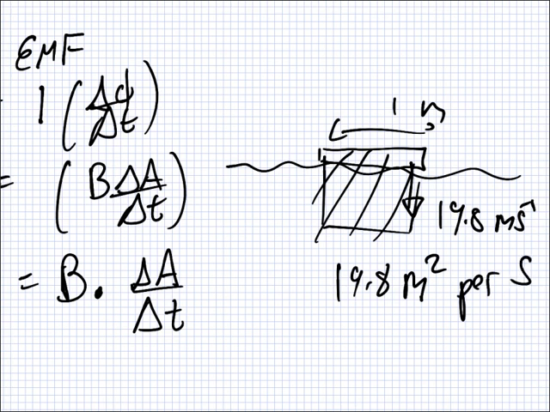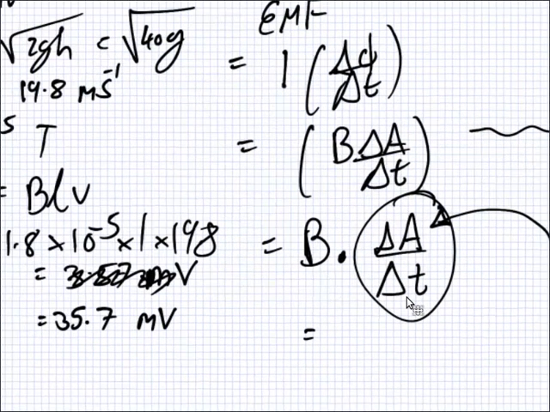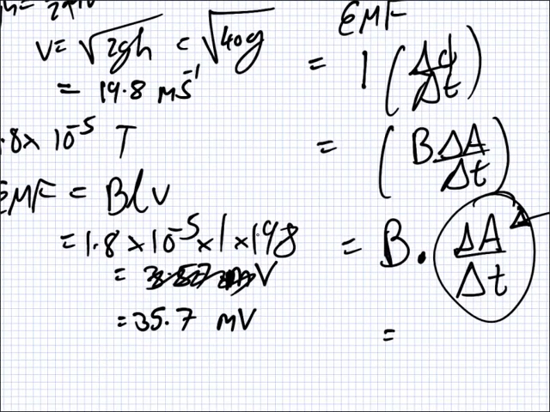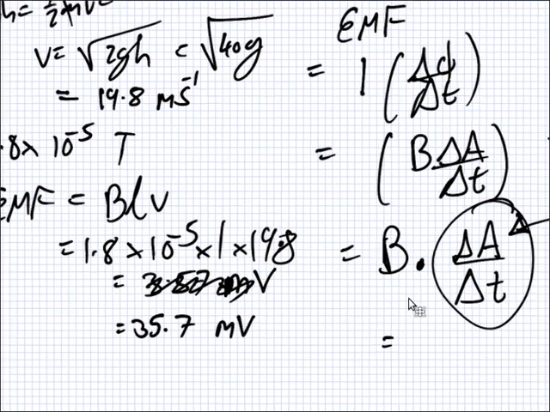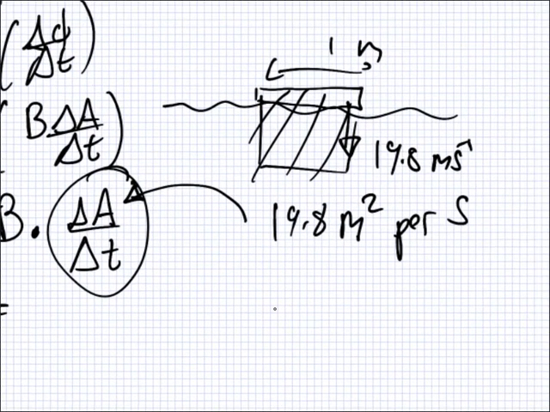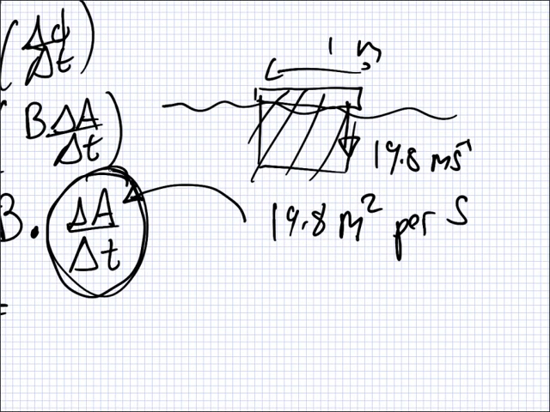These are per seconds. So this whole thing here is 19.8. It's the same thing as what I just did a moment ago, 19.8 times the B. What happened to the delta T? The delta T is 1, because this is a per second.